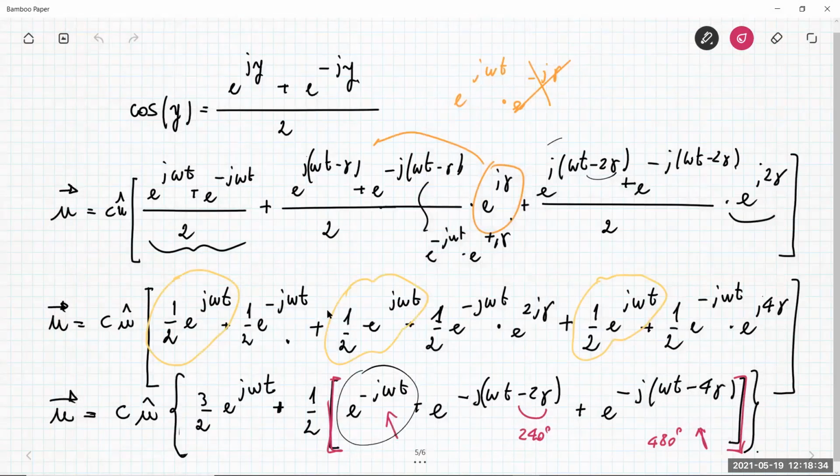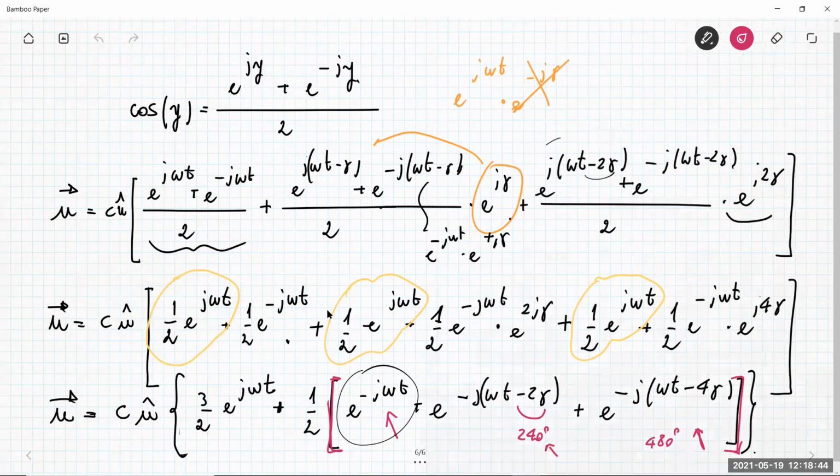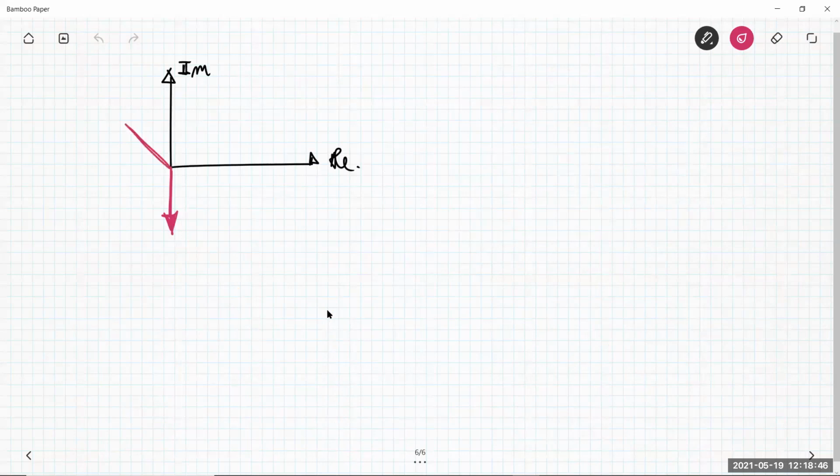Then you have another one with the same amplitude, so the absolute value is exactly the same, but it is shifted with respect to the first one by 240 degrees, so it is here. The length of this vector is the same. And then there is another one with the same absolute value, but shifted by 480 degrees, so it is here.